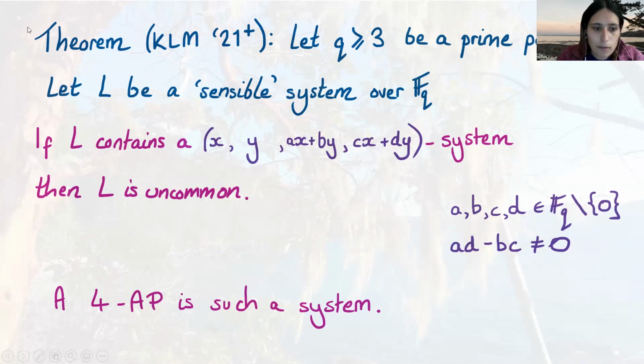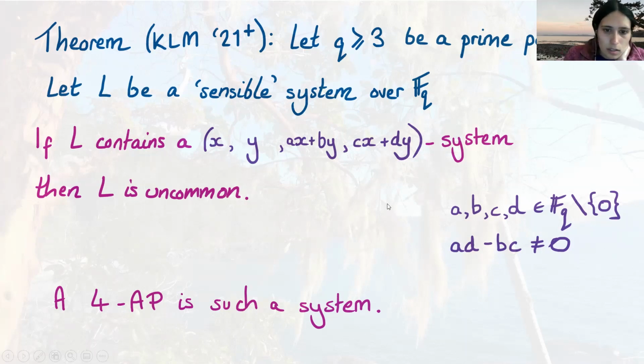A 4-term arithmetic progression is one of these things. Essentially, these are 4-variable systems that have rank 2, roughly speaking.